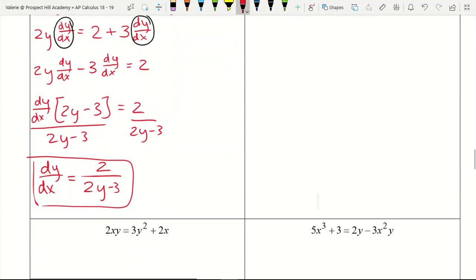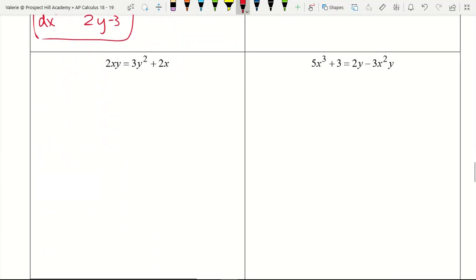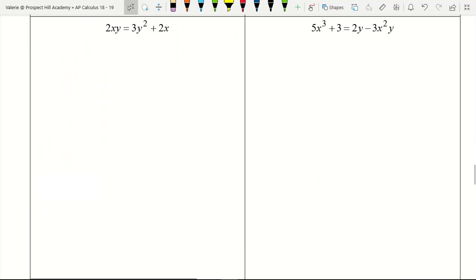Okay. So moving on to the bottom problem on the left side, we have 2xy equals 3y squared plus 2x. So again, I'm going to rewrite what I need. So I need d/dx of 2xy equals d/dx of 3y squared plus d/dx of 2x.